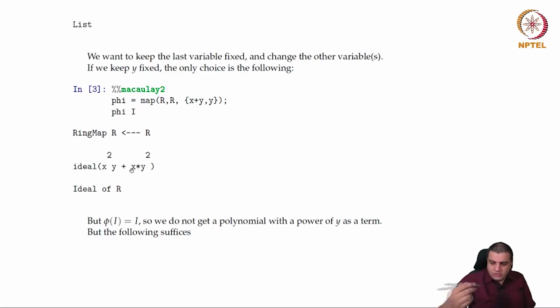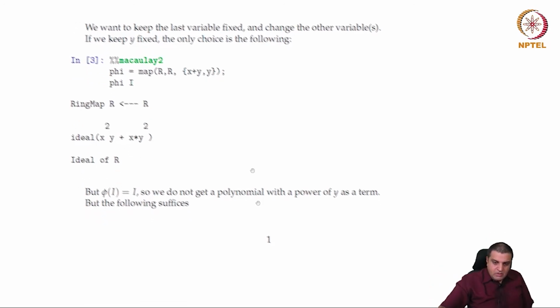Okay? So this is an example of a case where over a finite field we are unable to find a linear change of coordinates which gives us a monic polynomial in the kernel of that surjective ring map. Okay, so the surjective ring map, again, what I mean is R surjects onto R mod I.